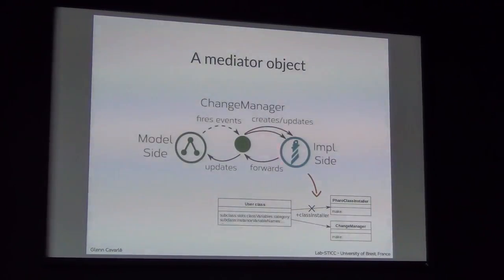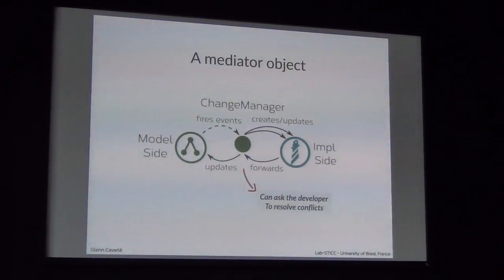So when you change something in a generated class, the class just asks the change manager, just delegates, just forwards this change to the change manager. There is no actual change. The class cannot change itself.